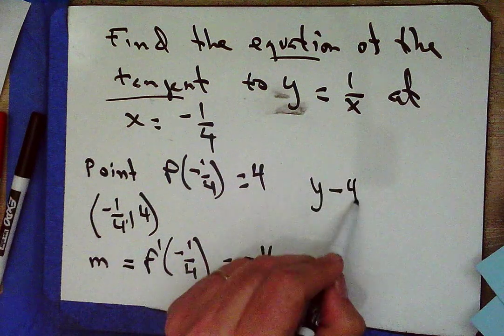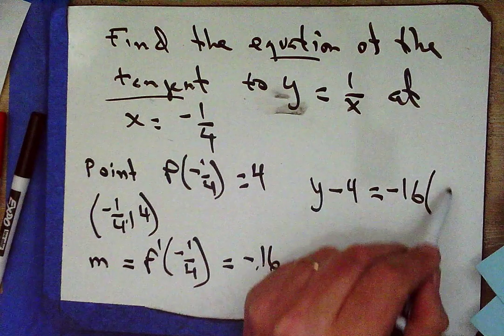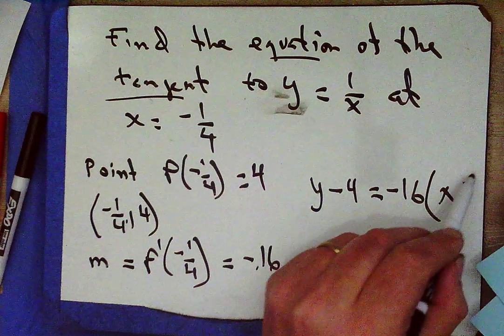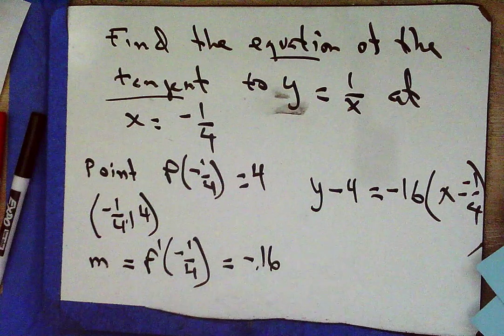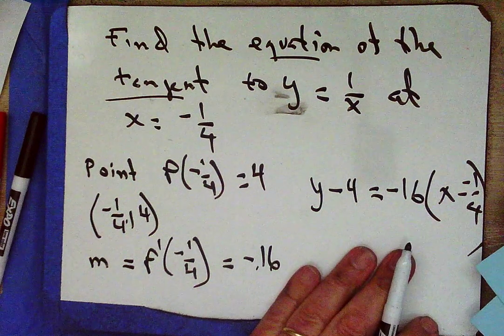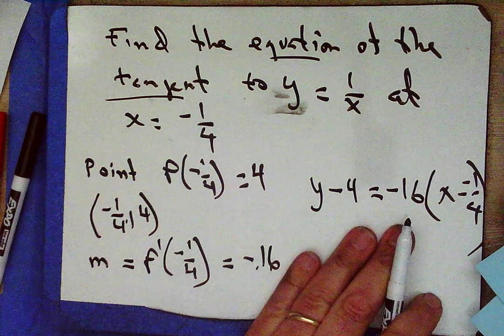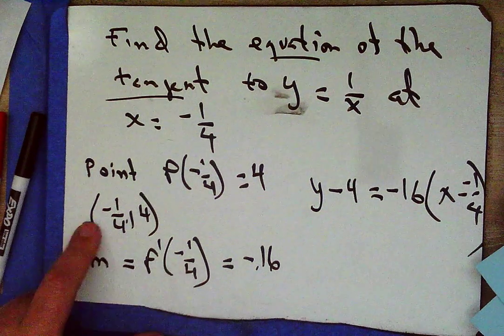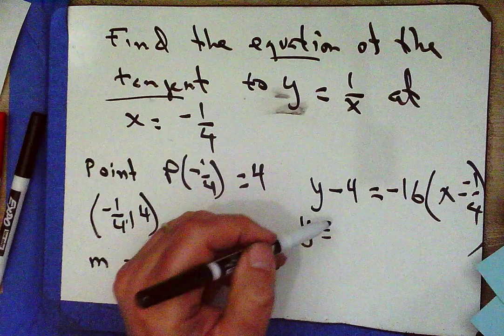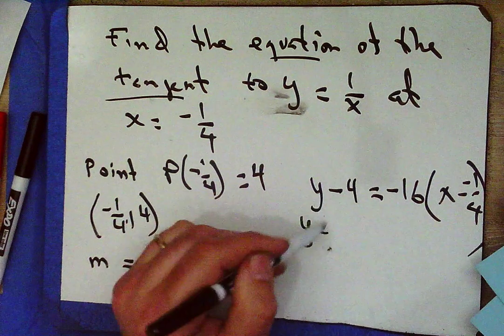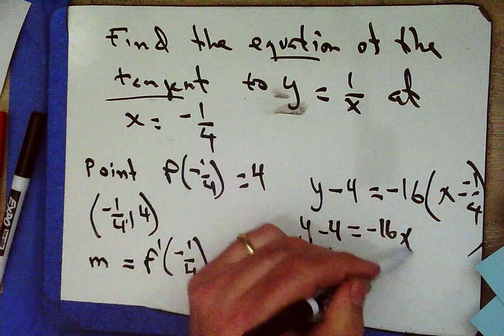Y minus 4 equals negative 16 times x minus 1/4. And you can stop there. That's our tangent line. Our tangent line is simply this point-slope form where we use slope and point and plug them in. If you do want to tidy this up, y minus 4 equals negative 16x.